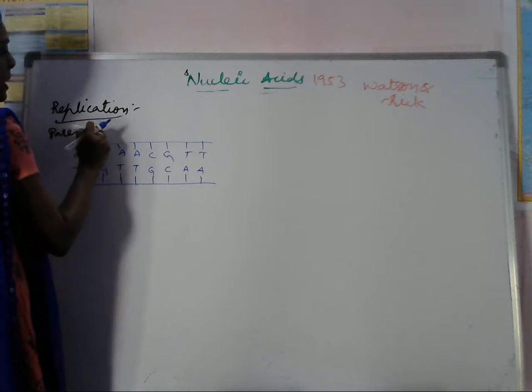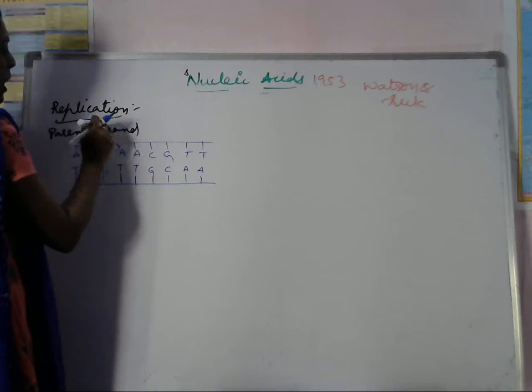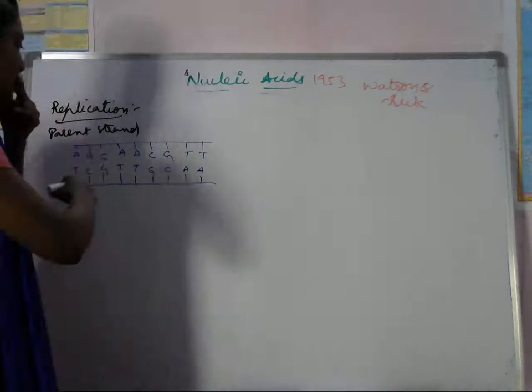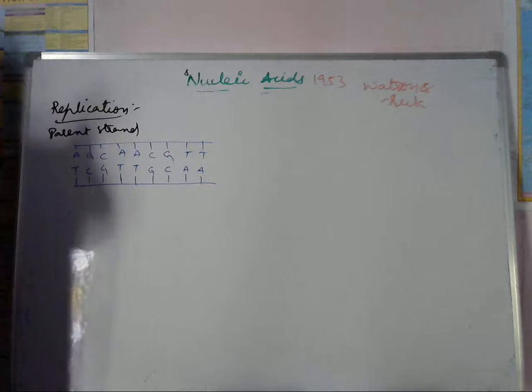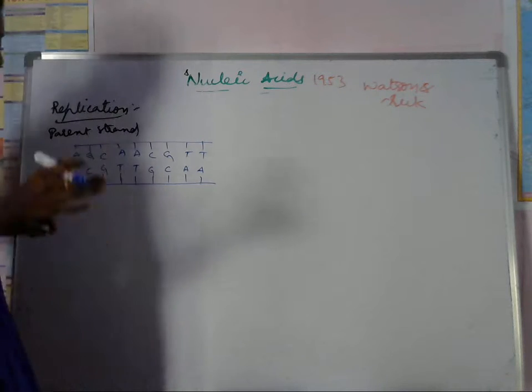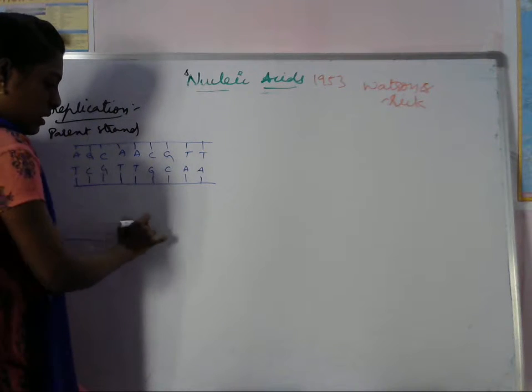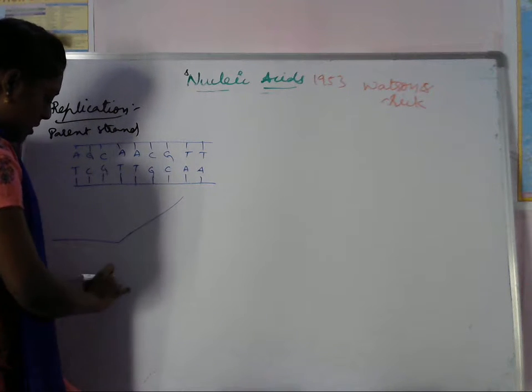So from the parent strand, identical copies of the daughter strand will be produced. Okay, means not identical exactly as it is. So it randomly produces this one. Okay, so let's see. These are split like this.